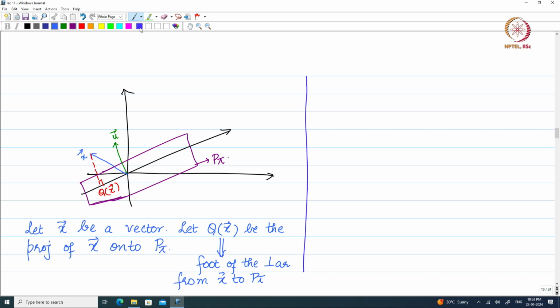Now, what we know is that this perpendicular that we have drawn, from the vector x to q of x, is perpendicular to the plane p pi, and we see that it is also parallel to the vector u.